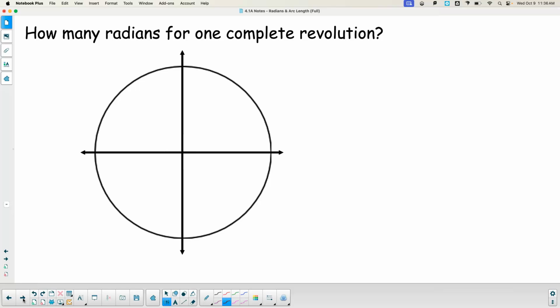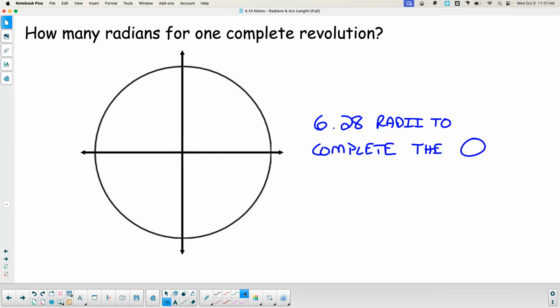So that again comes from the fact that it takes 6.28 radii to complete the circle.